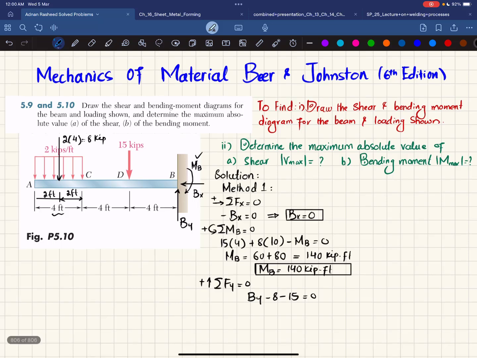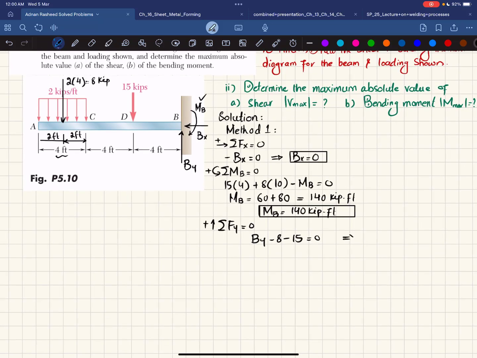From this we get that By will be equal to 23, and the unit will be kip.